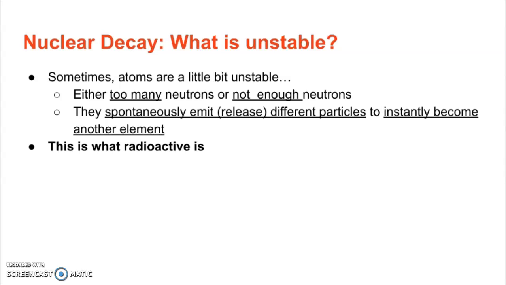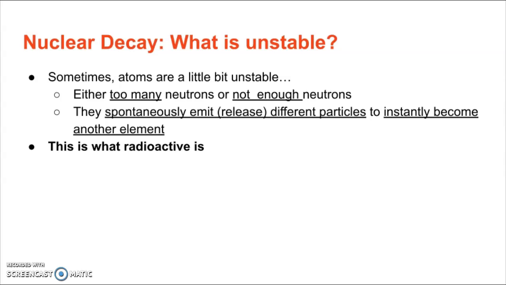So before we begin looking at the different types of particles, we need to understand what unstable means. Unstable means that I either have too many neutrons or not enough of them. My neutron to proton ratio is not there. I am no longer stable. It becomes shaky. It wants to get rid of stuff.